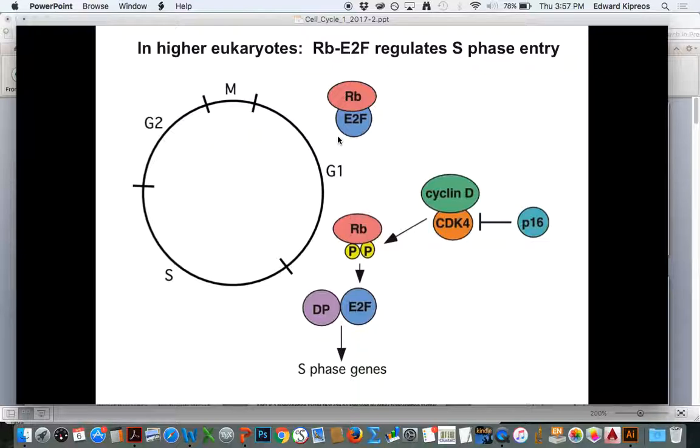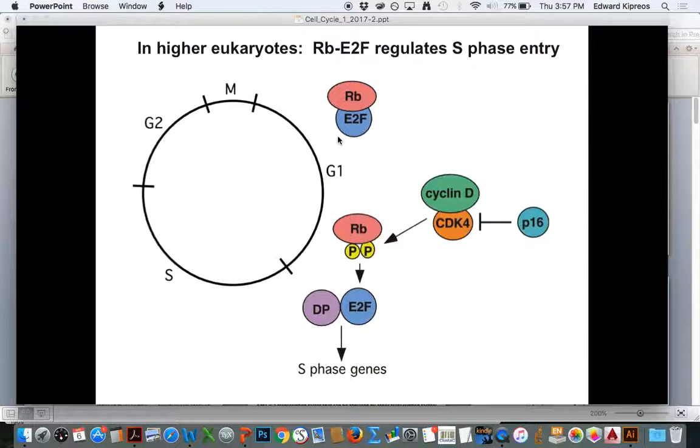So RB is always going to be bound to E2F, and the cells are not going to go into S phase. So then if you don't have RB, and now you overexpress P16, so you inactivate the G1 cyclin CDK complex, nothing happens. The cells go into S phase easily. So what it's saying is that the only essential substrate is RB.